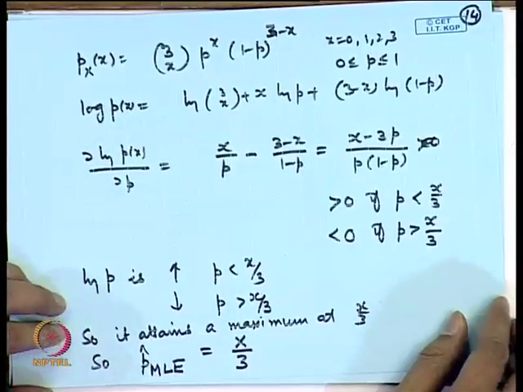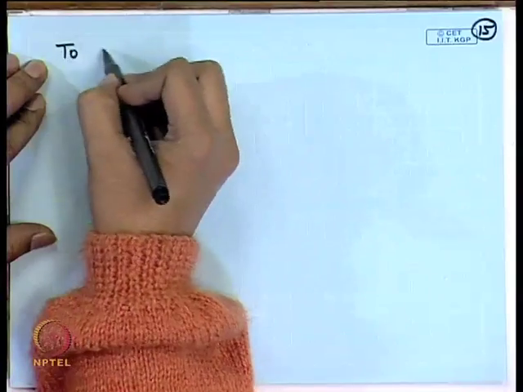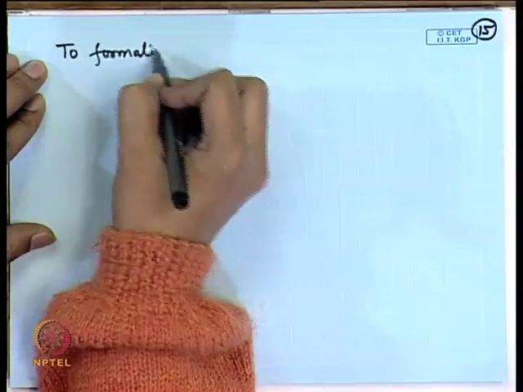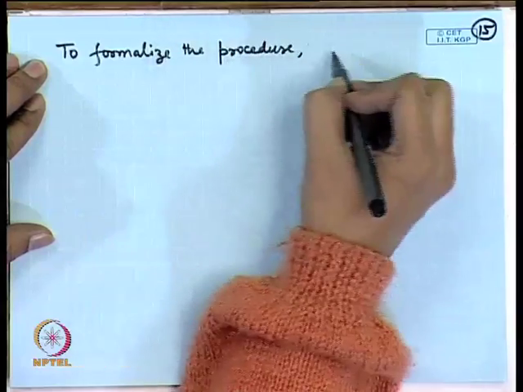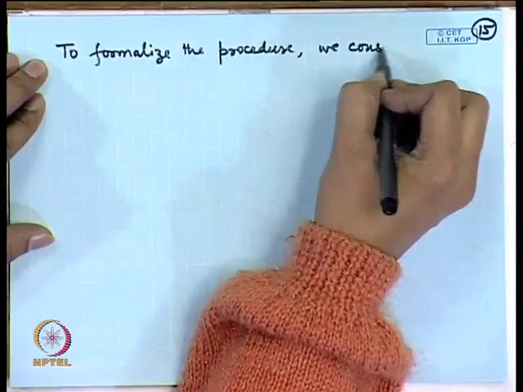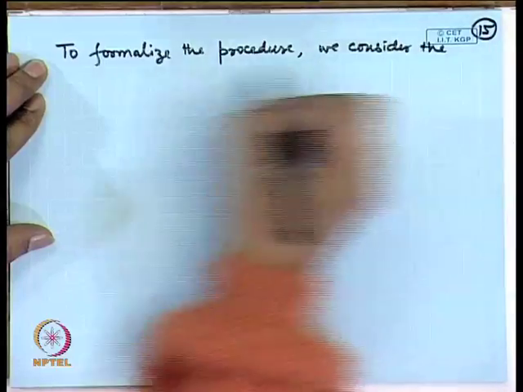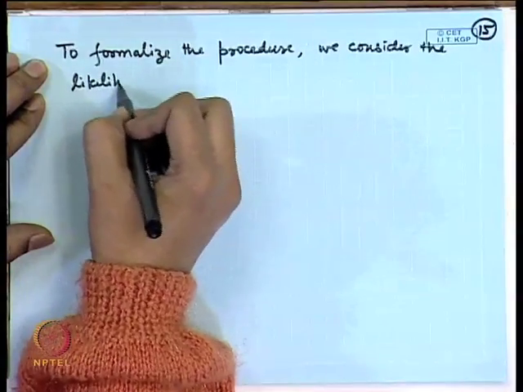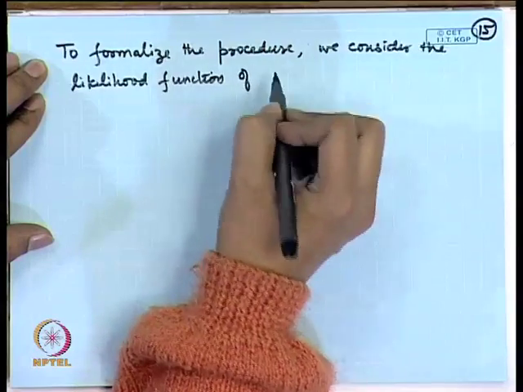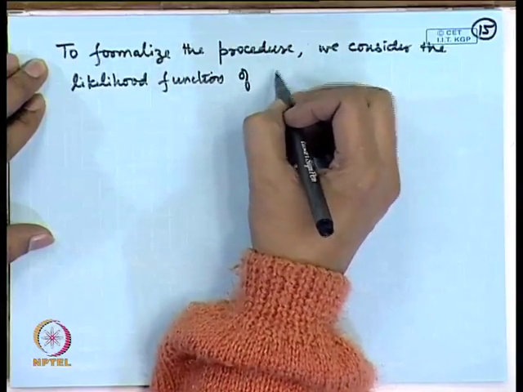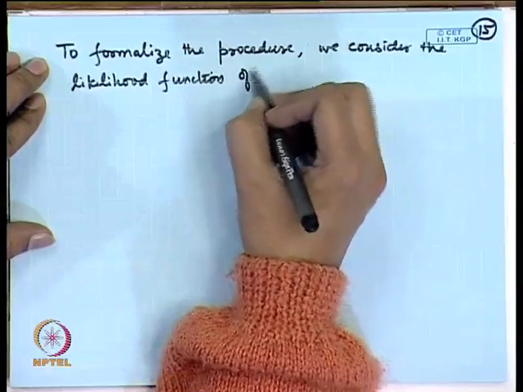So, to formalize the procedure of maximum likelihood, we consider the likelihood function of a random sample. Basically, I am considering it as a function of the parameter.